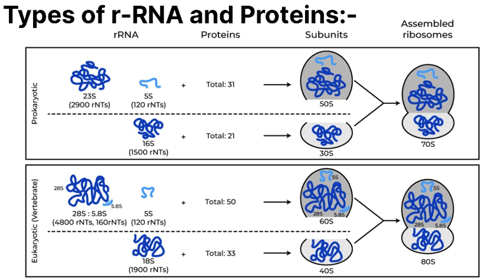And in the bottom panel you can see the eukaryotic ribosomes, where the rRNA composition in the larger 60S subunit is 28S rRNA, 5.8S rRNA and 5S rRNA, and in the smaller 40S subunit it is 18S rRNA.